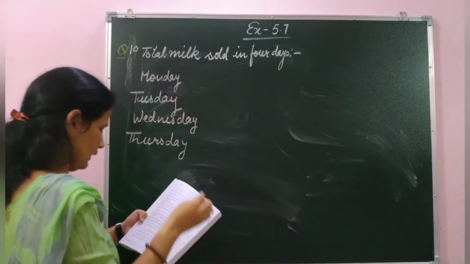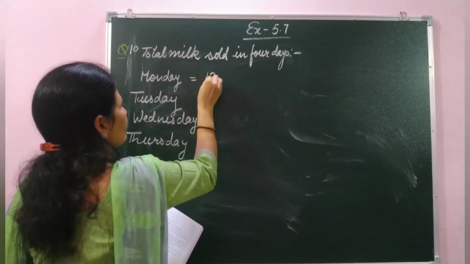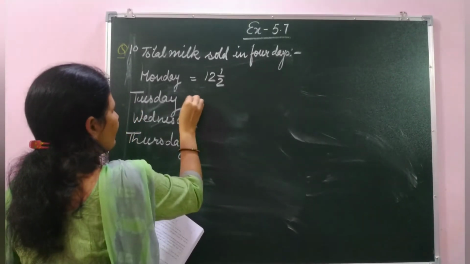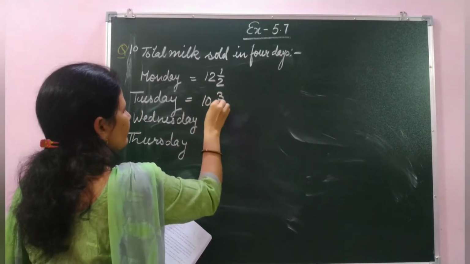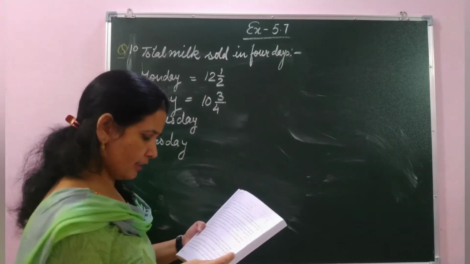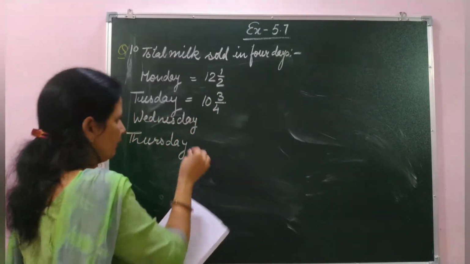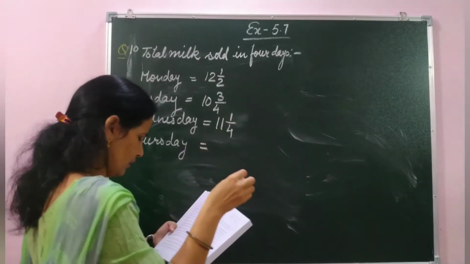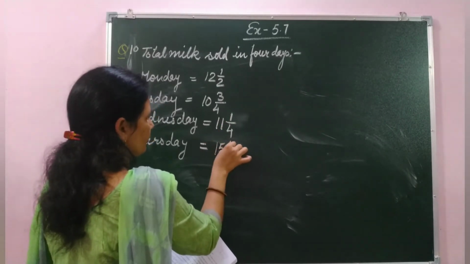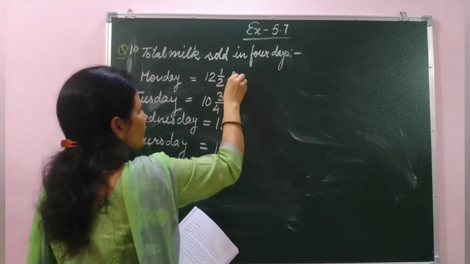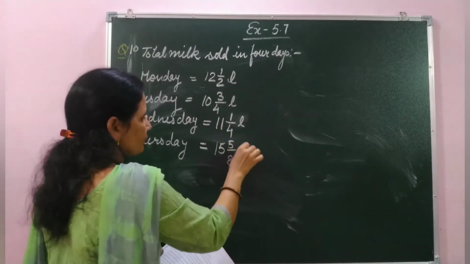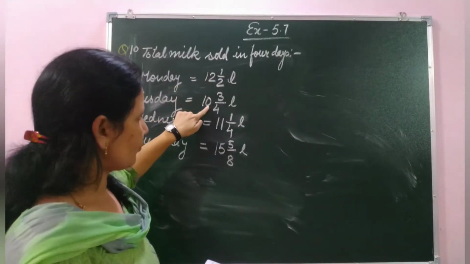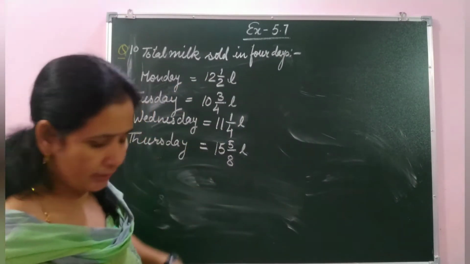So Monday is 12 1/2, Tuesday 10 3/4, then Wednesday 11 1/4, and Thursday 15 5/8. These fractions are all given in liters. Okay, let me check the digits again: 12 1/2, 10 3/4, 11 1/4, and 15 5/8.